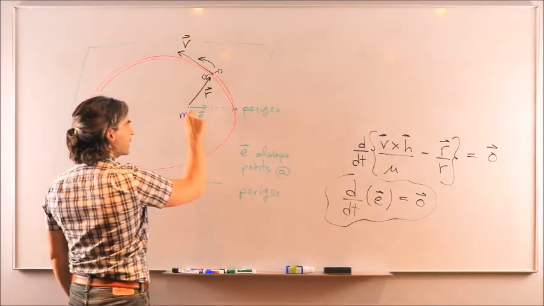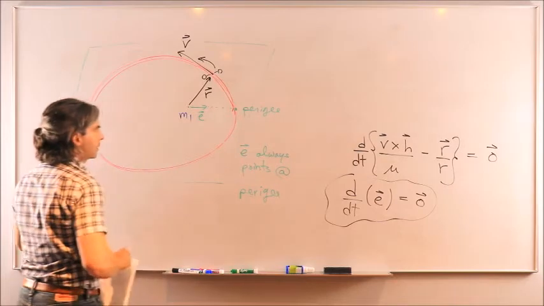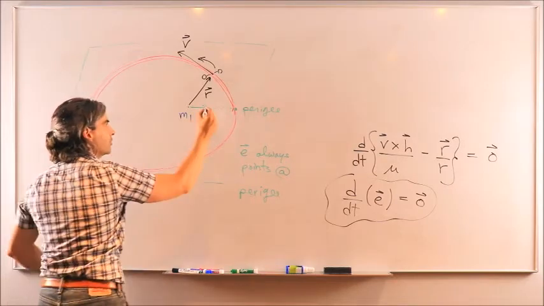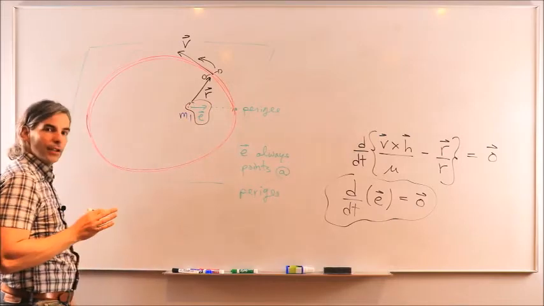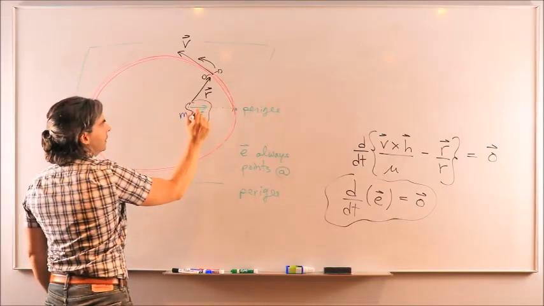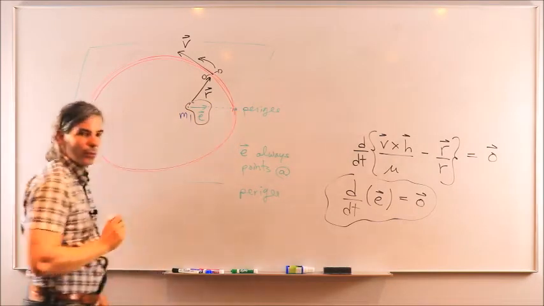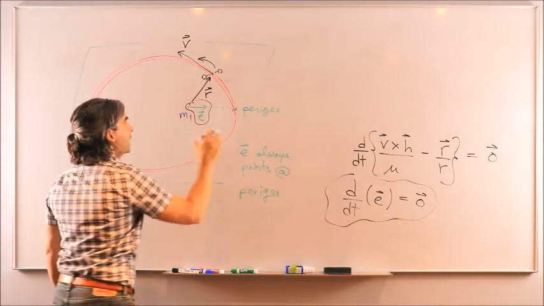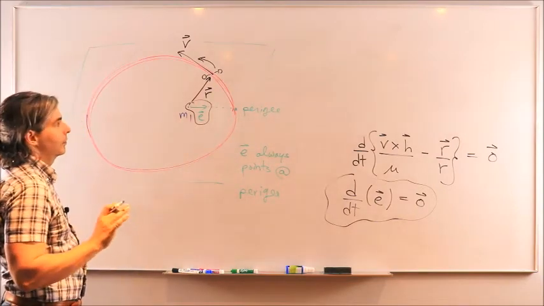But the fact that this specific vector is frozen in space, right? E dot, or the rate of change of that vector, is zero. It doesn't move. It is set in concrete, set in stone. It means that because it's always pointing at a specific point of the orbit, that orbit is also not moving in the orbital plane.